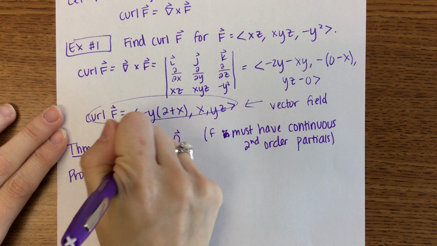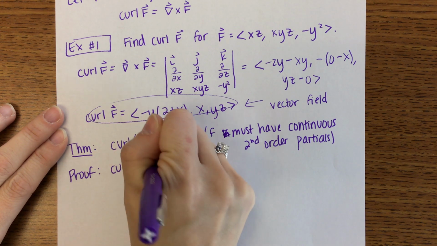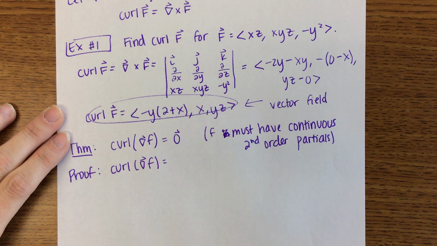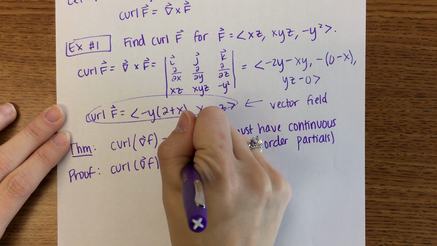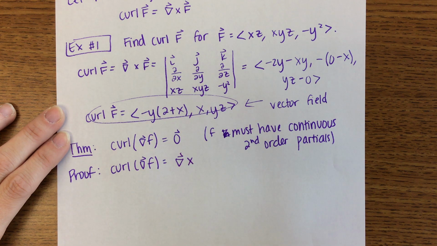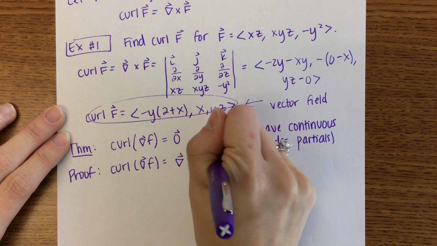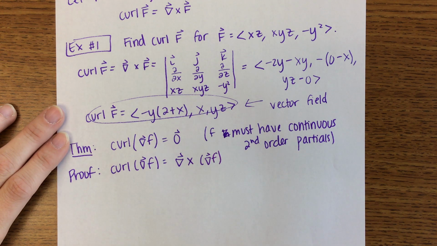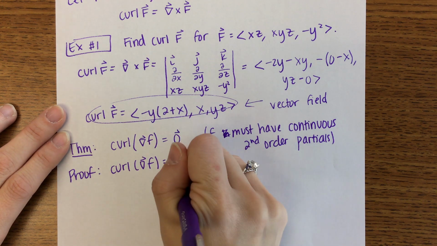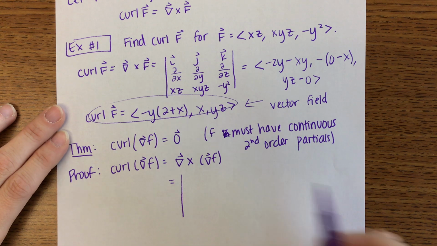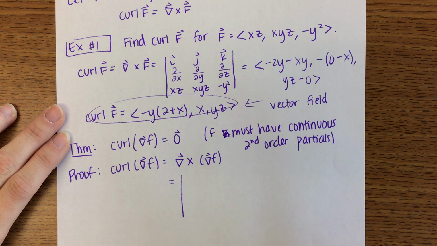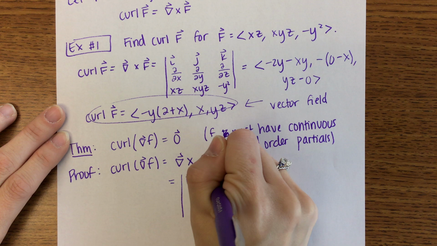So if we take the curl of the gradient of some function f, curl is the gradient crossed with whatever you're taking the curl of, which in this case is the gradient of f. So that's a cross, not an x. Let's actually compute that.